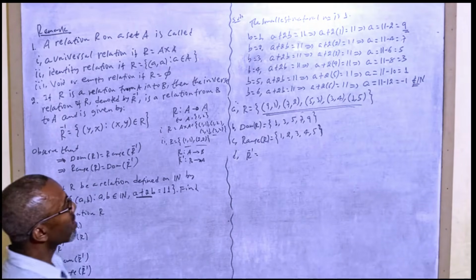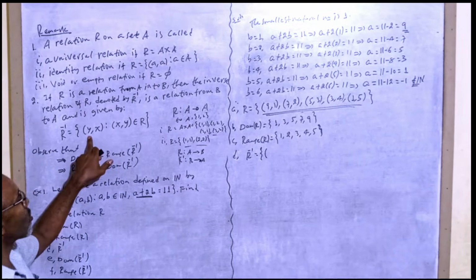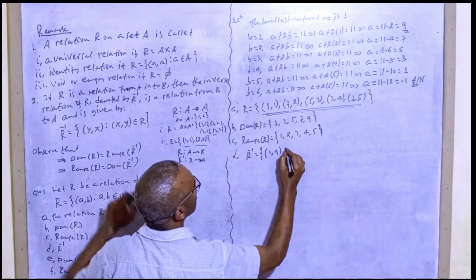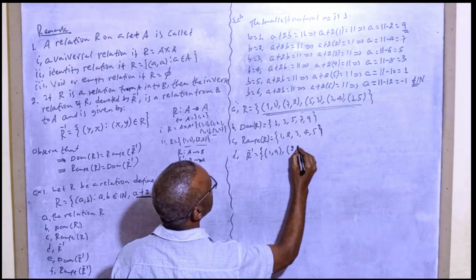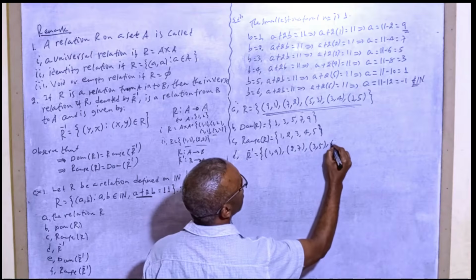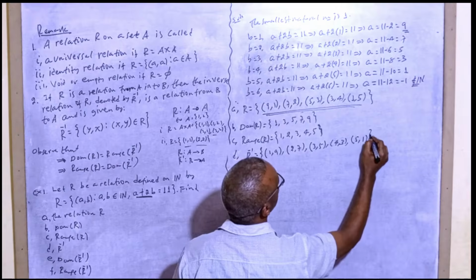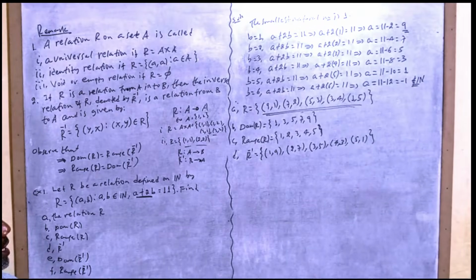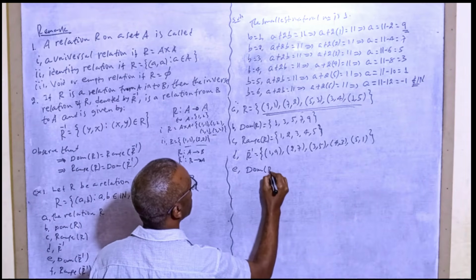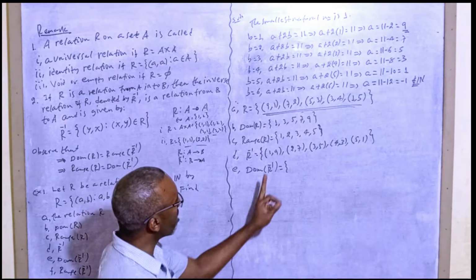So R inverse is the set containing the second coordinates first: (1,9), (2,7), (3,5), (4,3) and (5,1). Next, the domain of R inverse is the first coordinate. What is it?